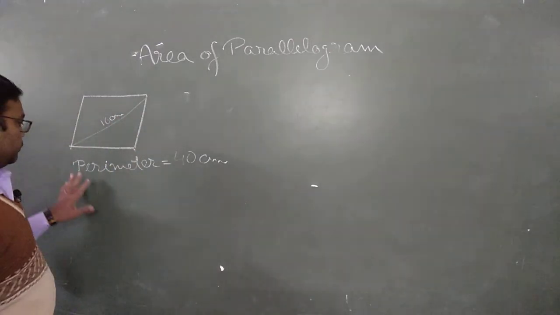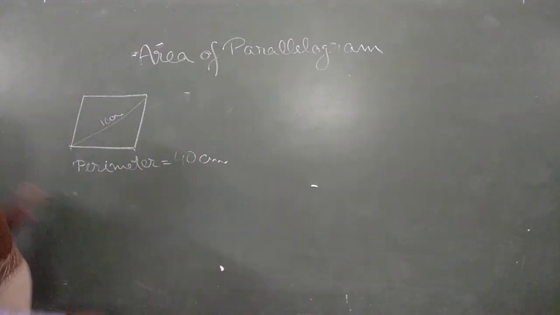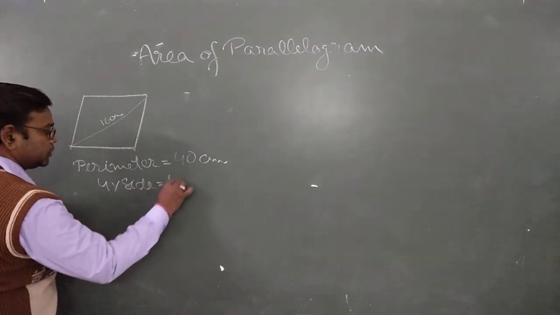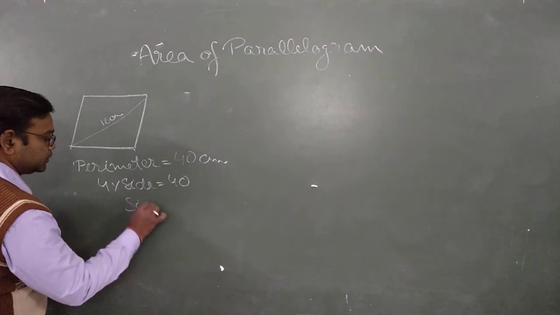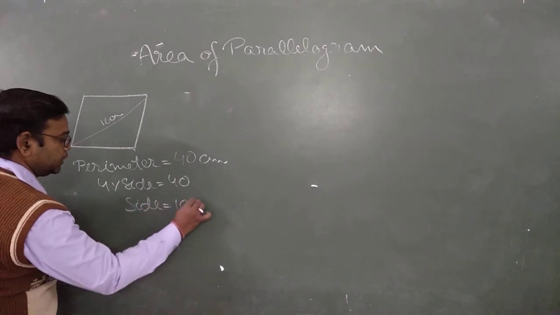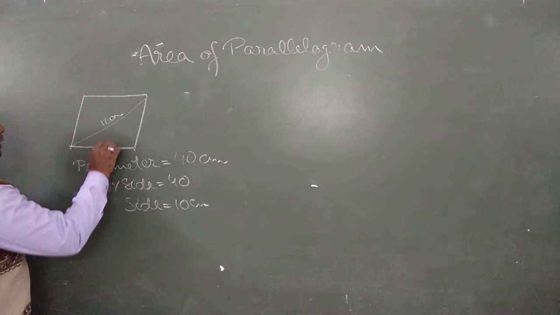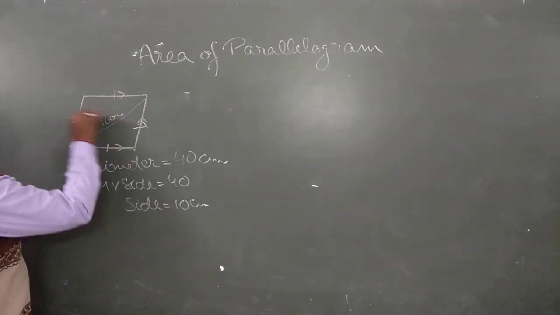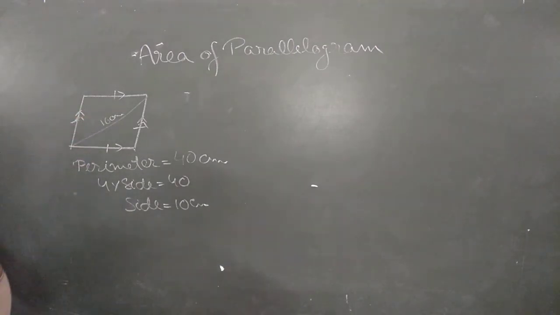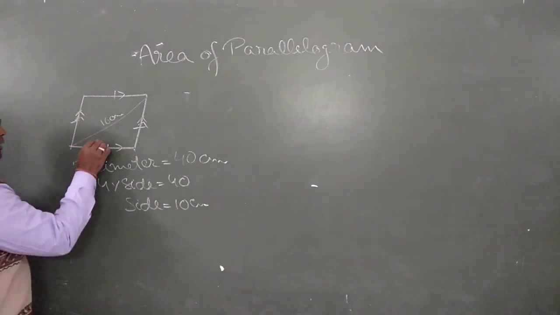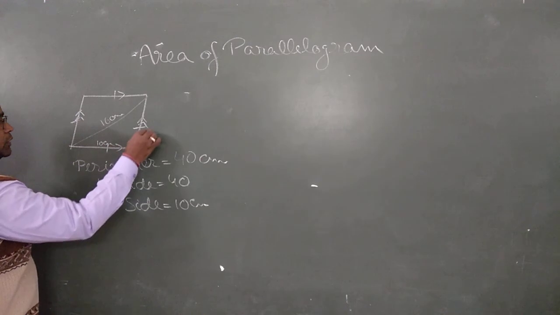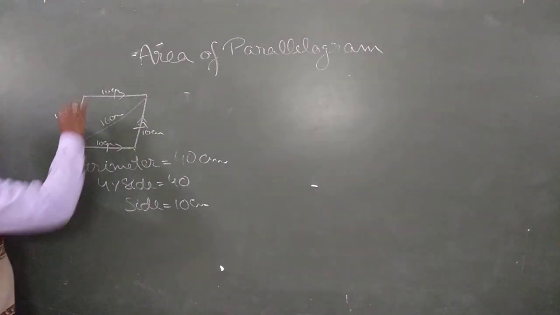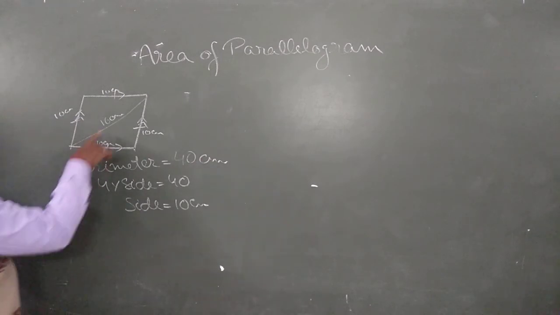So before we know that perimeter equals to 40 centimeter, from this we can easily find out 4 into side equals to 40, and one of the side is equal to 10 centimeter, and as we know all sides are equal to each other and these two are parallel to each other. Clear? Means what? One of the side is 10 centimeter, this one is 10 centimeter, so this one is also 10 centimeter, this one is 10 and this one is 10 centimeter. Clear? And one of the diagonal is 16 centimeter.